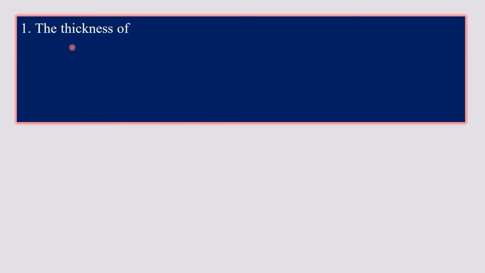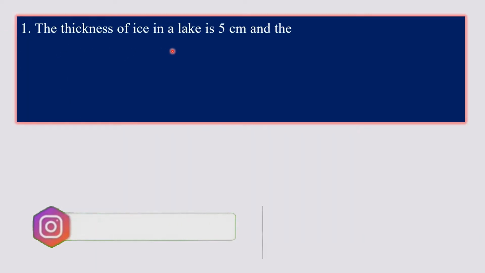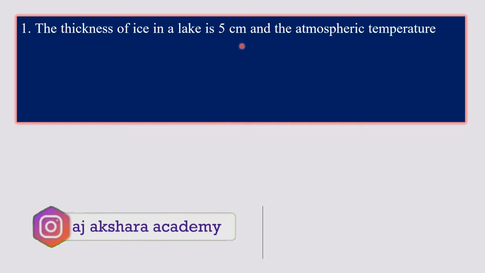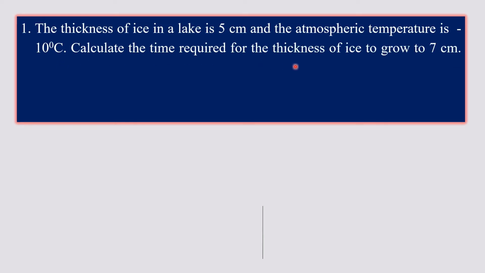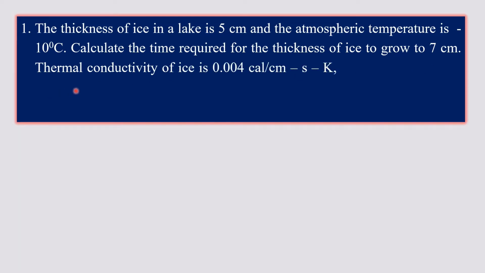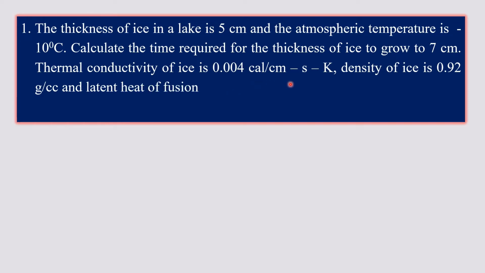First one. The thickness of ice in a lake is 5 centimeters and the atmospheric temperature is 10 degrees centigrade. Calculate the time required for the thickness of ice to grow to 7 centimeters. Thermal conductivity of ice is 0.004 calorie per centimeter second Kelvin.